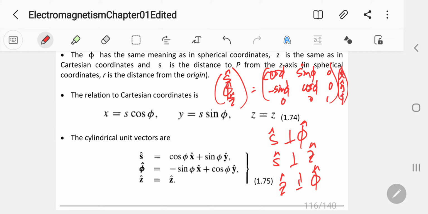That's the equivalent matrix transformation if you transform x hat, y hat, z hat to the cylindrical coordinate system.